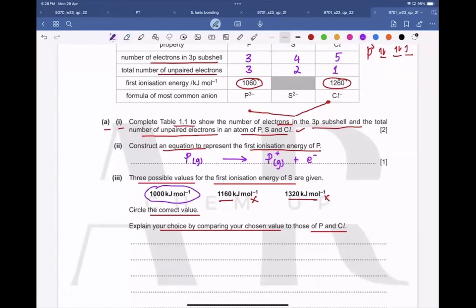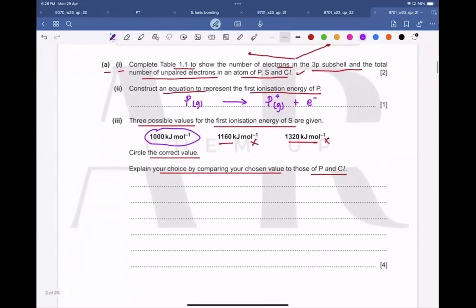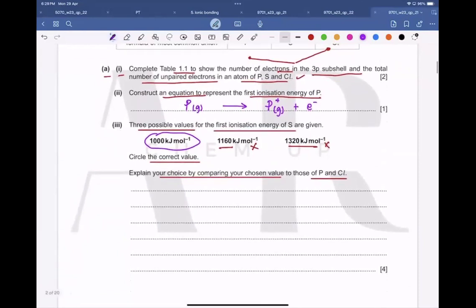And now I have to explain the reasoning. I'm going to write: explain your choice by comparing your chosen value to those of phosphorus and chlorine.